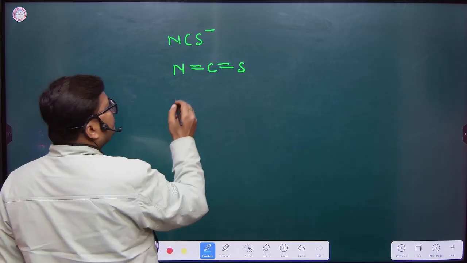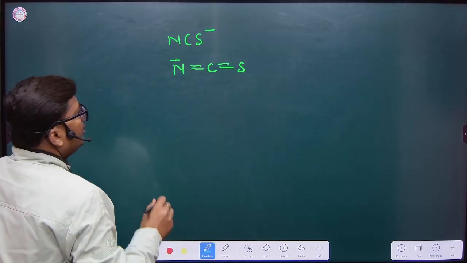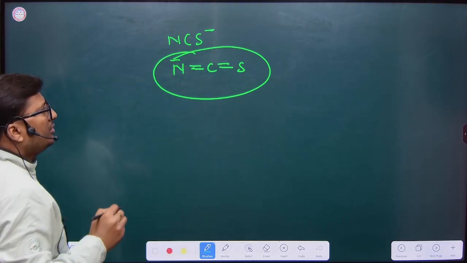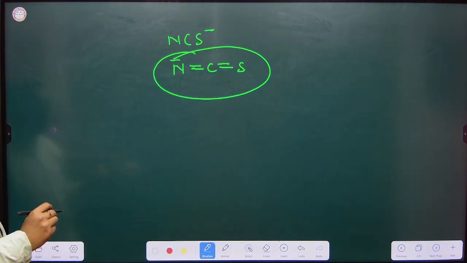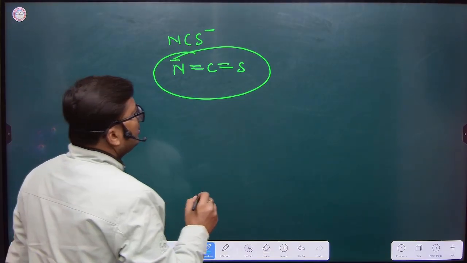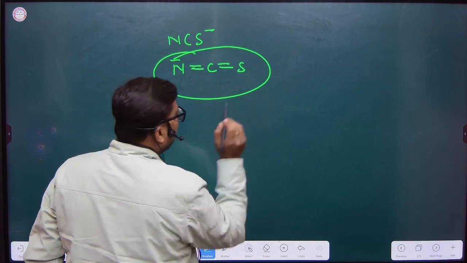This is the negative charge. So this is the thiocyanate ion which acts as a ligand. It has two heterodonor sites. One is a nitrogen donor and another is a sulfur donor.